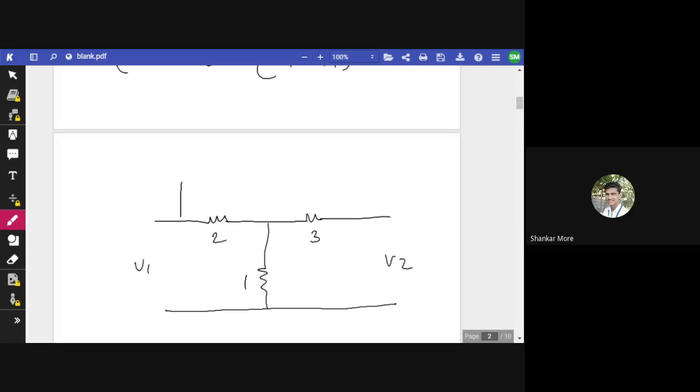Then again, I have a network with elements 2, 4, and 1. This is I1, this is I2. Can you tell me which arrangement this is? Series arrangement, parallel arrangement? Can anyone?